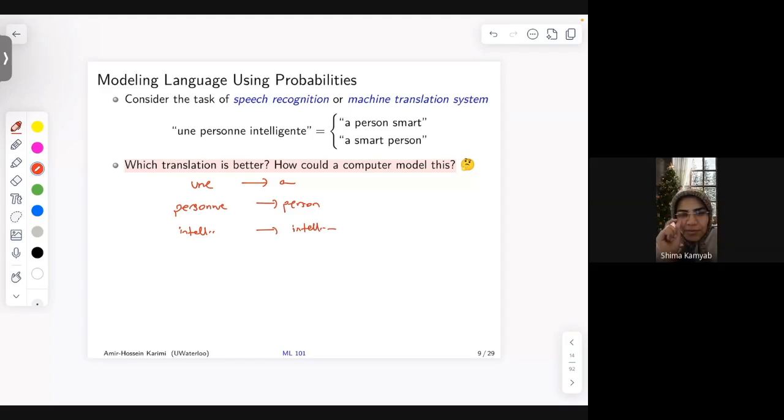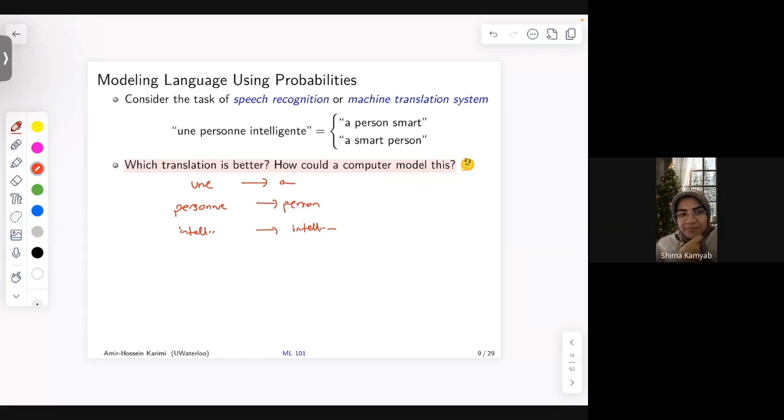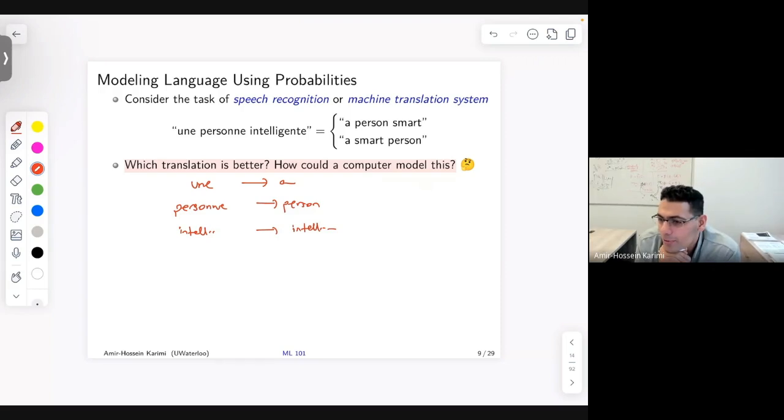Sometimes there is no correspondence between the source and target language. Okay. Do you mean sometimes there's no correspondence? Can you give me an example of when there wouldn't be correspondence?